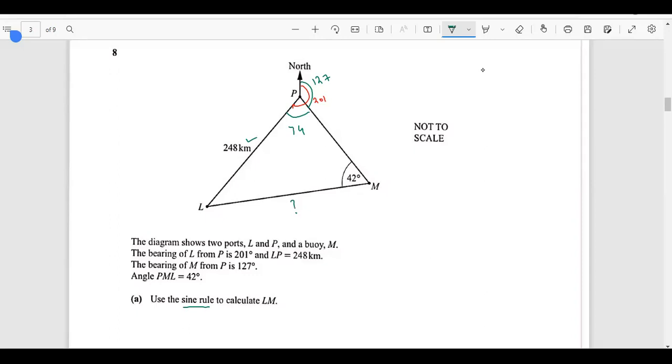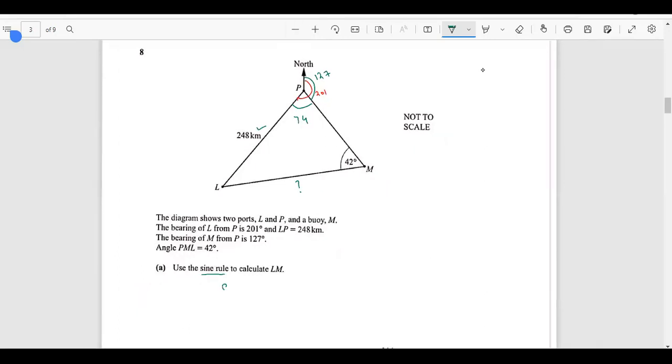If I talk about the sine rule, you can say it is A over sine A equals B over sine B, and you can write it the other way around as well. Both of them are equivalent, so it is your choice.